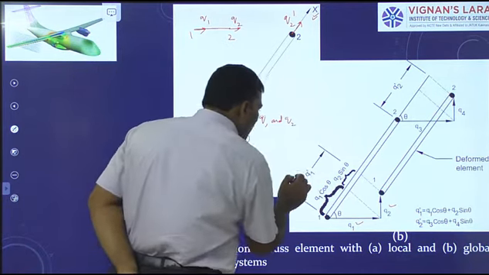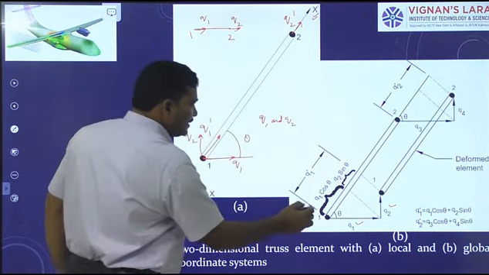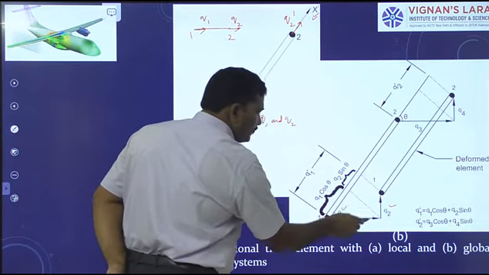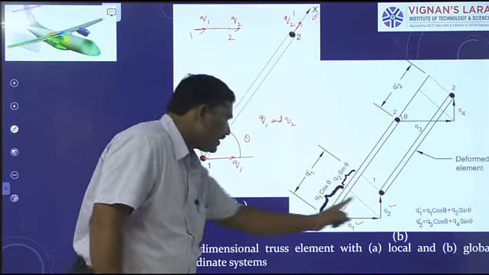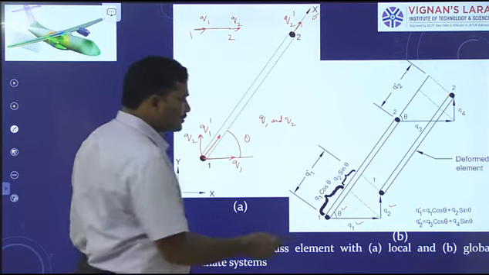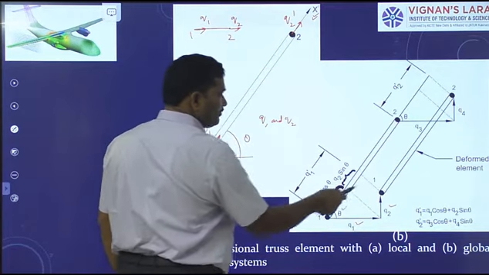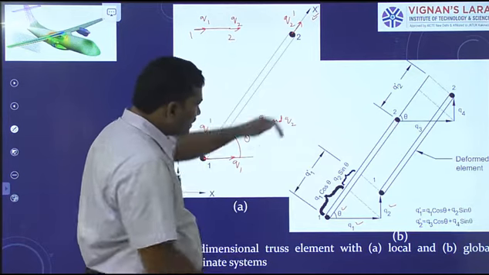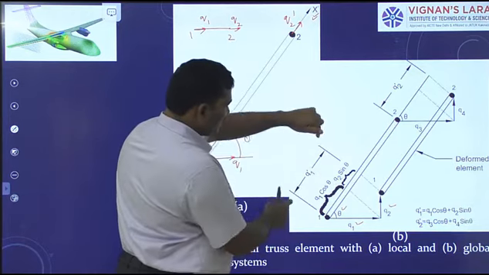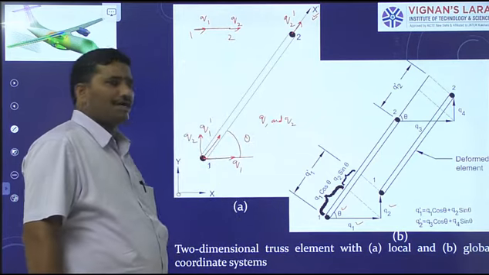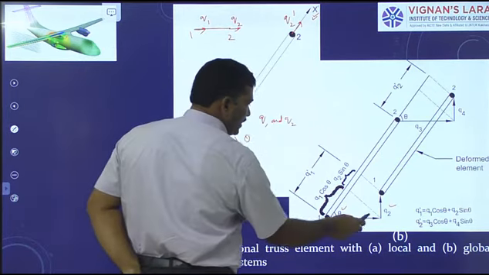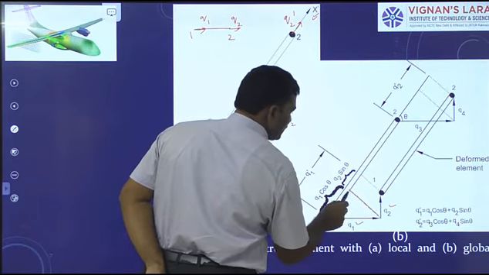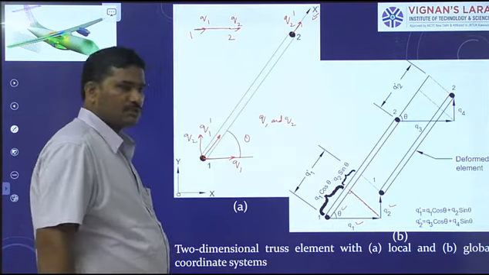Theta is the orientation of the truss element, Q1 is the displacement of node 1 in the direction of the X-axis, and Q2 is the displacement of the same node in the direction of the Y-axis. My interest is to determine their resultant, Q1 dash. This is theta. From this point, draw a line perpendicular to the truss element. This is 90 degrees.